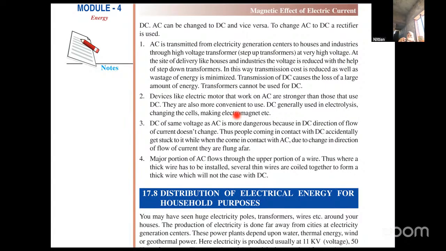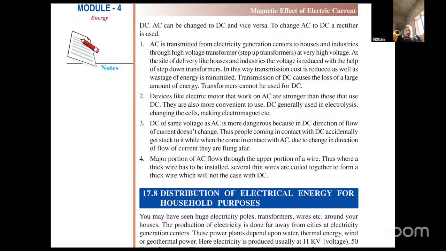Now, if current is more, then it will travel to a longer distance. We know that if the length of the wire increases, the resistance increases. If less current is there, resistance will stop it within some distance. Hence, the current will not move from one city to another city. Did you understand? That's why we have big wires and big pillars.